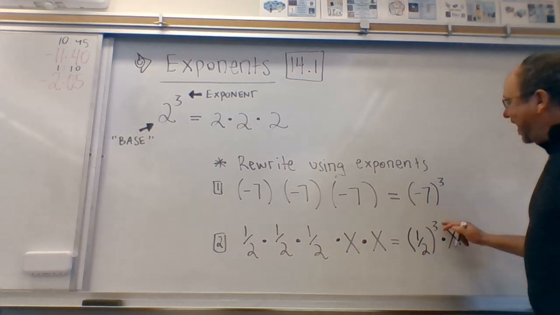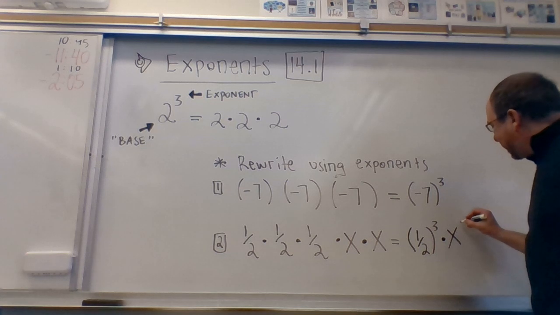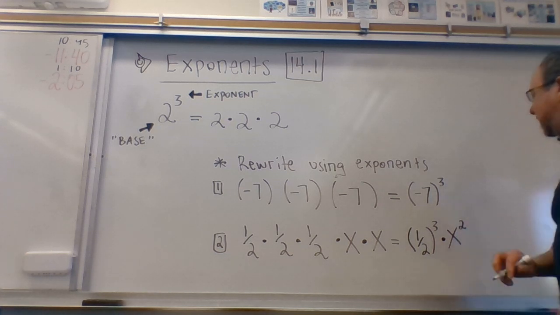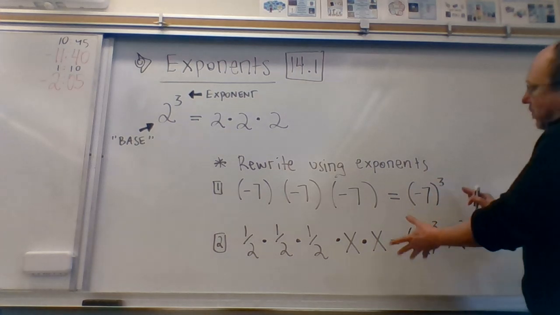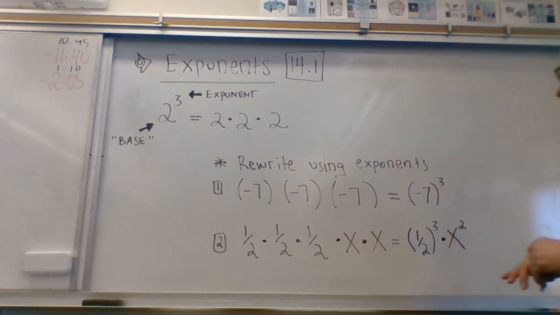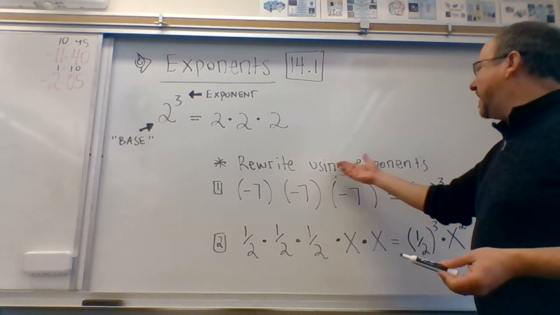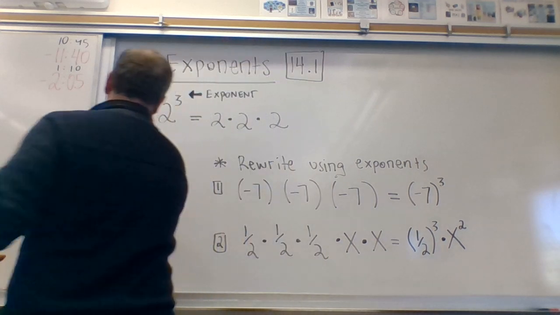So 1/2 to the power of 3, x to the power of 2, or x squared as we call it as well. These are rewritten using exponents. They have the exact same meaning. And if it's asked to rewrite using exponents, that's what we are looking for.